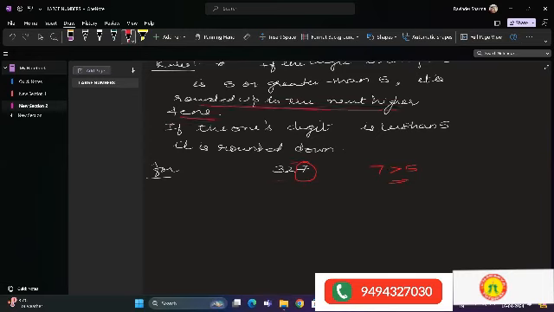So after 27, which higher will come? 30, or not? Yes, ma'am. You will add 1 to the tens place digit. It will be 330. Got it? Have you understood what I am saying?